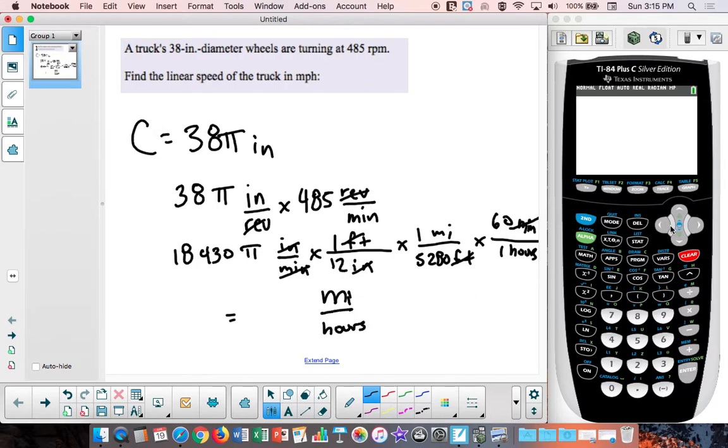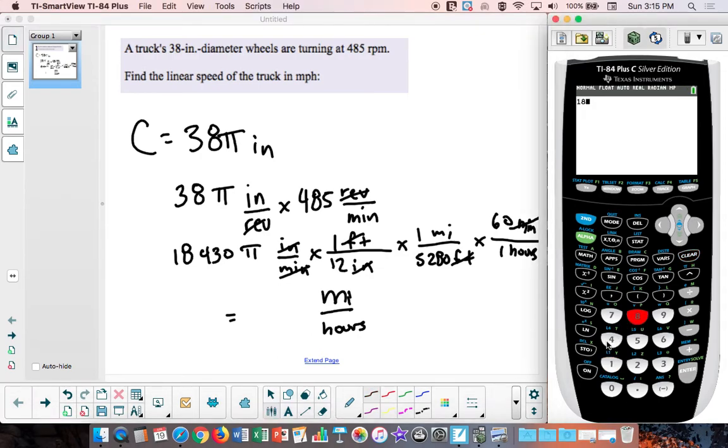So I'm going to go to the calculator. I'm going to ignore the pi, just pretend that it's not there, and we'll just tack it on at the end. But 18,430 times 60. That's the only other numerator that isn't 1.